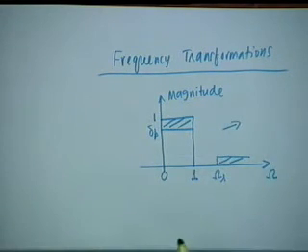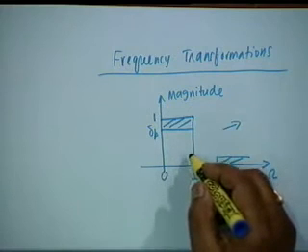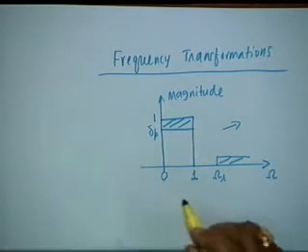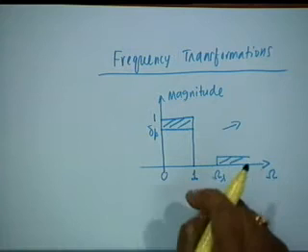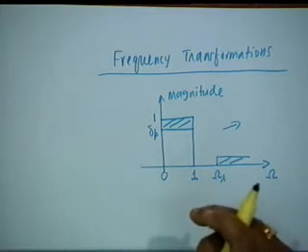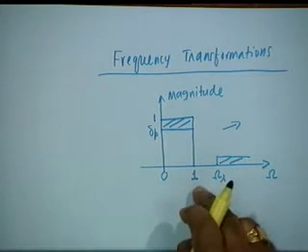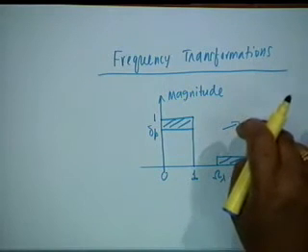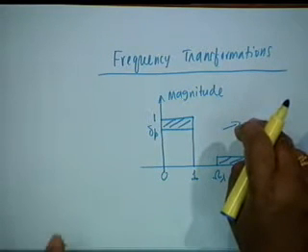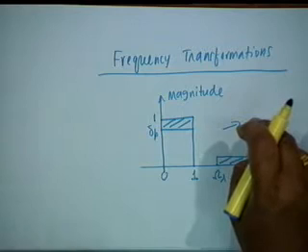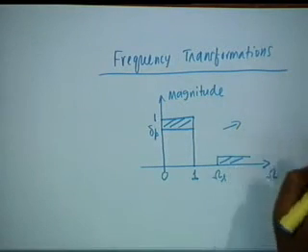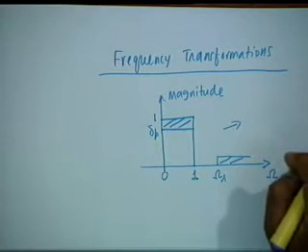For example, if we wish to transform this to another low pass filter, whose cutoff frequency is omega p instead of 1, then what we do is simply substitute S by S divided by omega p, correct?